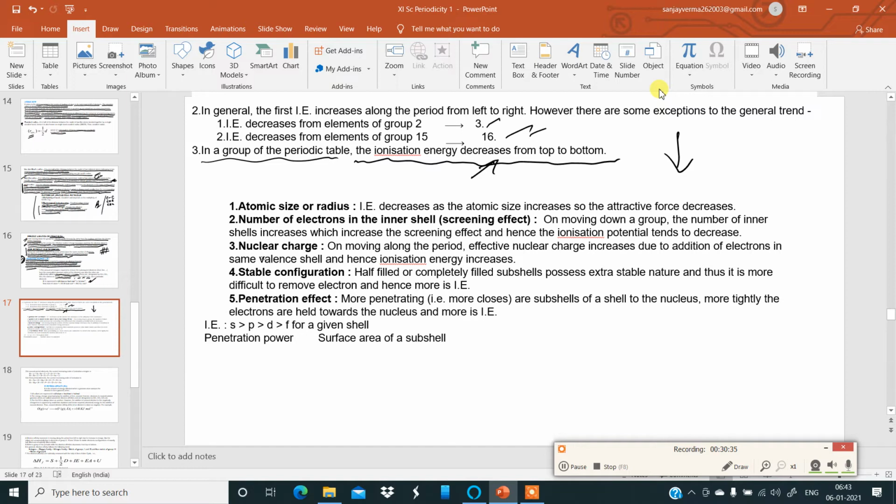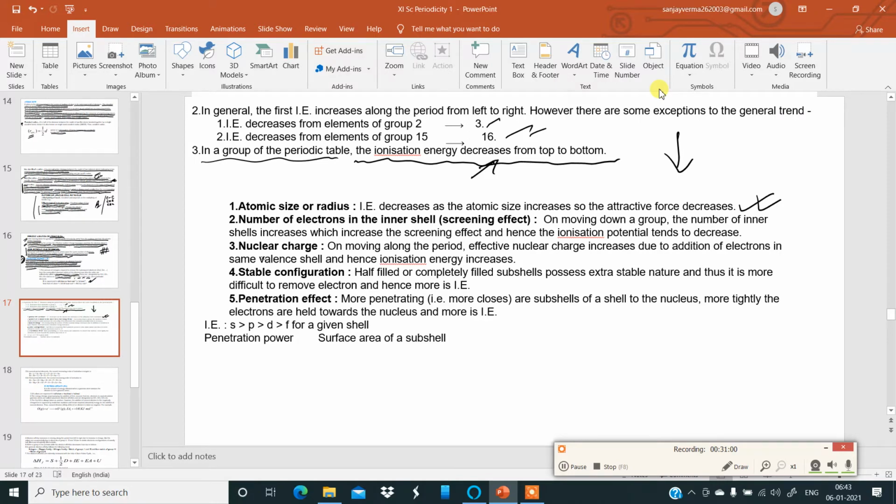Now, coming to the atomic size or radius. Ionization energy decreases as the atomic size increases, because the attractive force decreases. Number 2, the number of electrons in the inner shell. If there are many electrons in the inner shell, it is going to cause some screening effect.